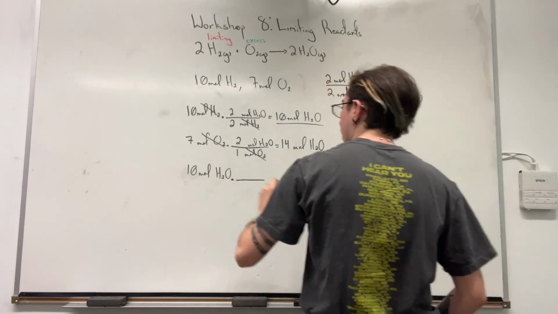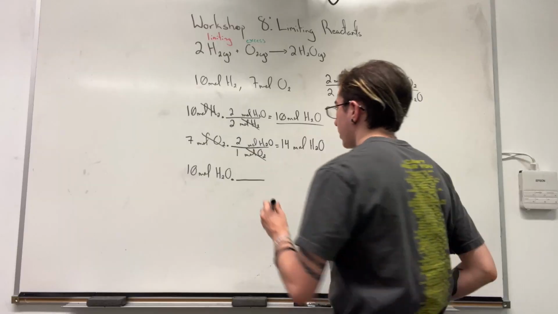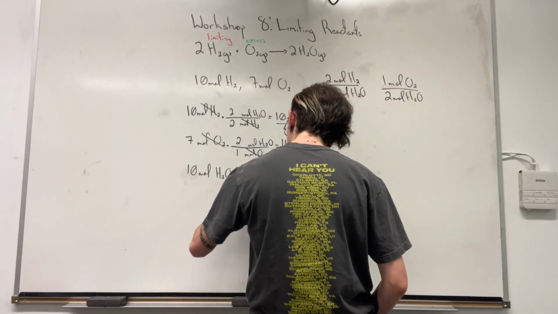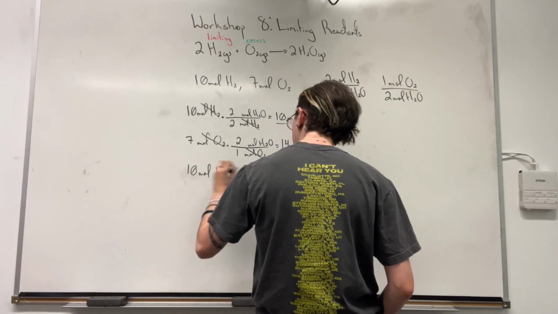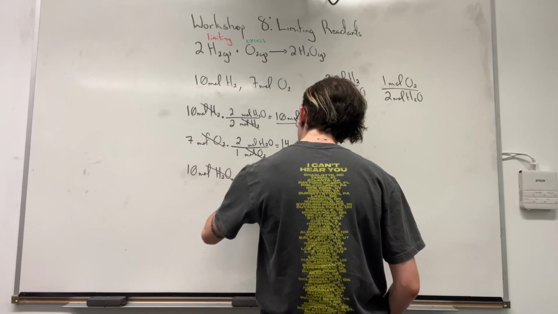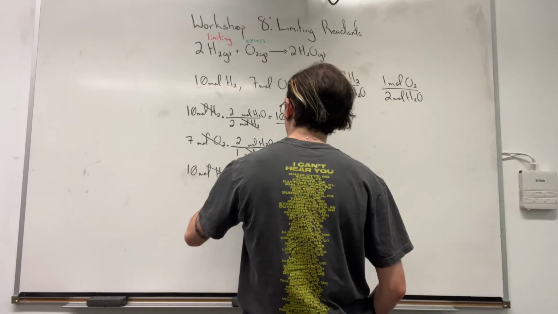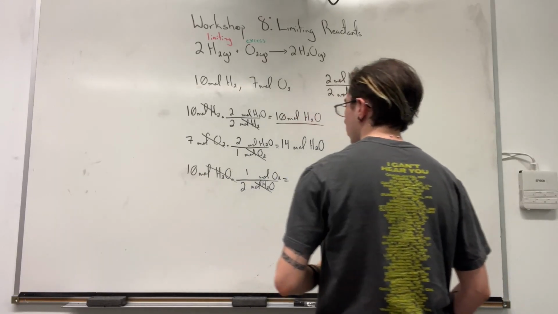It's still a 1 to 2 ratio, but since we're going from water to oxygen now, we flip the equation. Moles of water goes on the bottom to get out of our given units, with moles of oxygen on top to get to our desired units. 1 mole of oxygen for 2 moles of water.